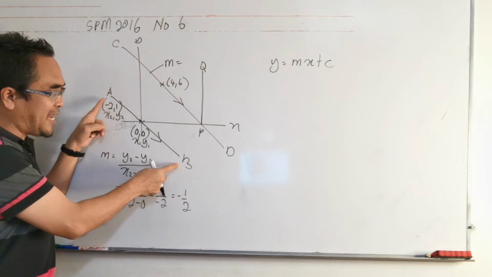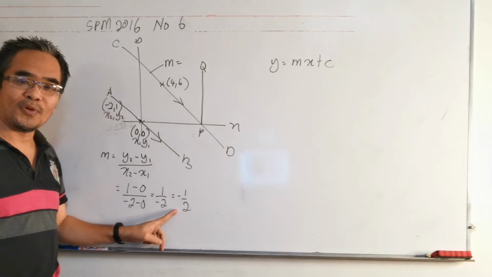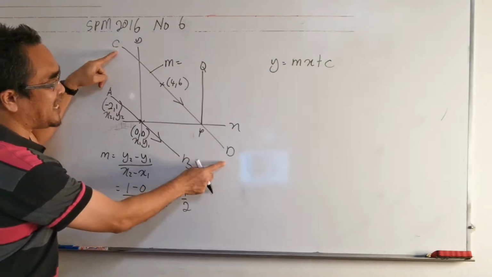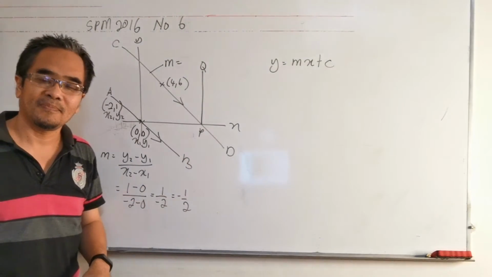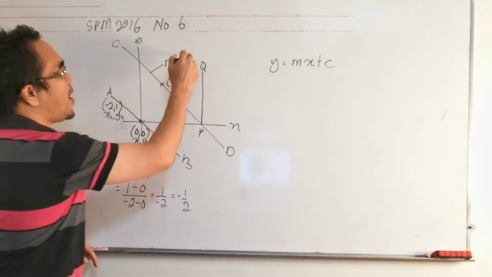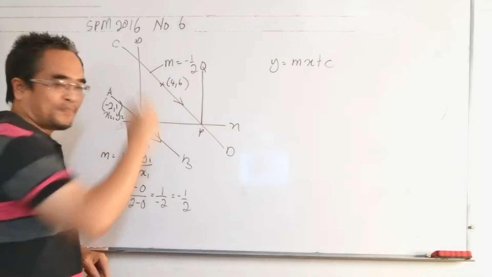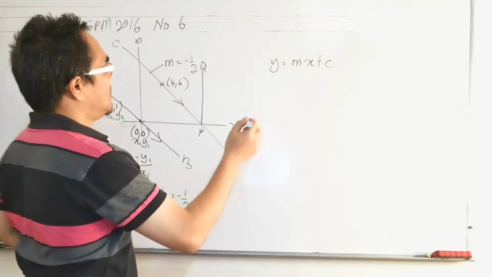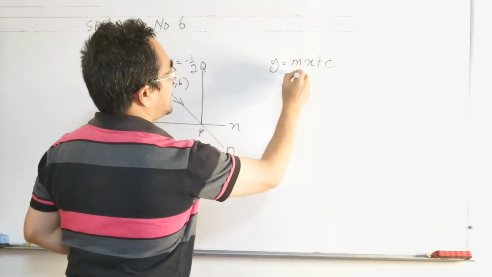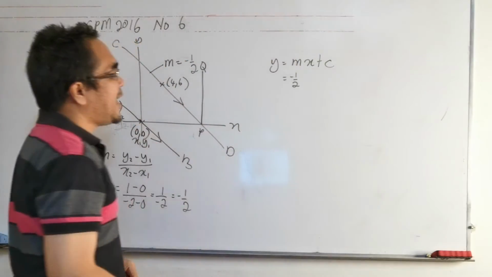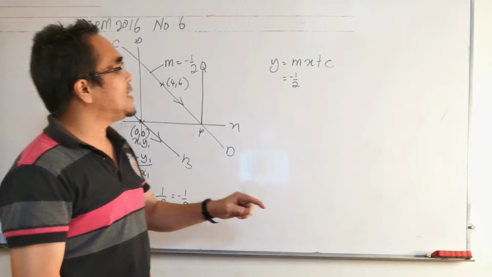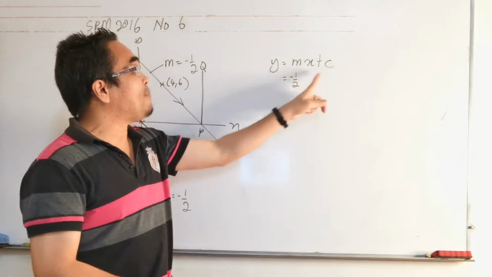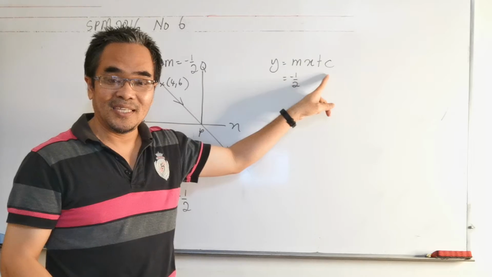The gradient of AB is -1 over 2. What is the gradient for CD? -1 over 2. Okay, so we substitute -1 over 2 here. And the next thing is we have to calculate the value of c.